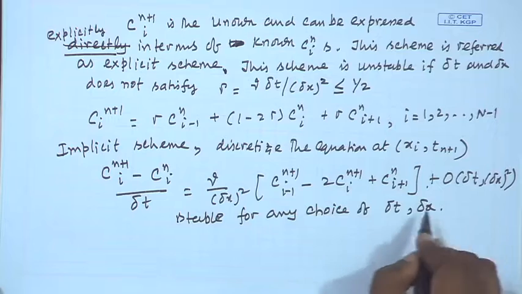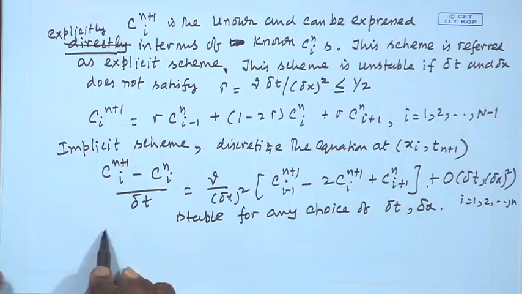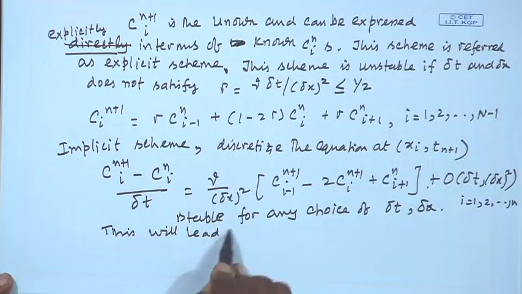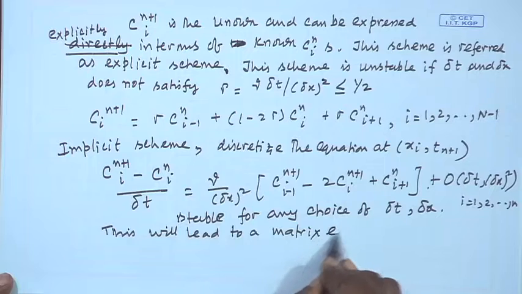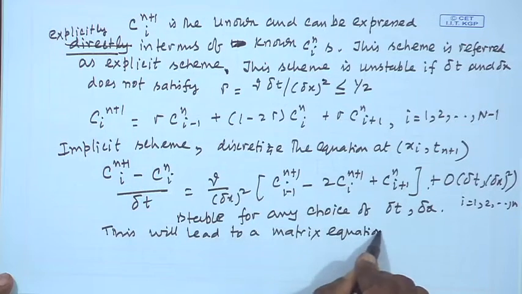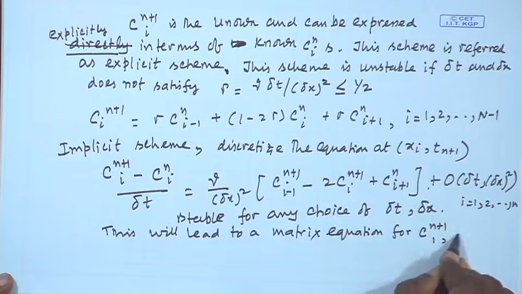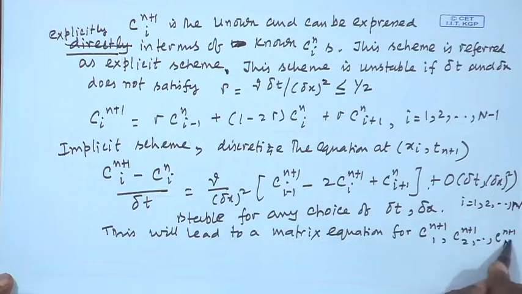However, if I vary I equal to 1 to N minus 1, this will lead to a matrix equation for Cn plus 1 1, Cn plus 1 2, etc., Cn plus 1 N minus 1.